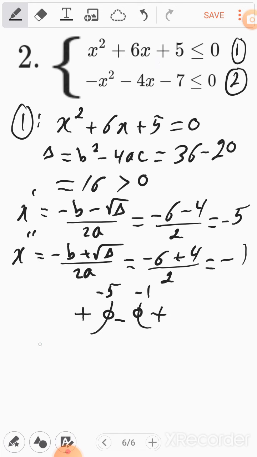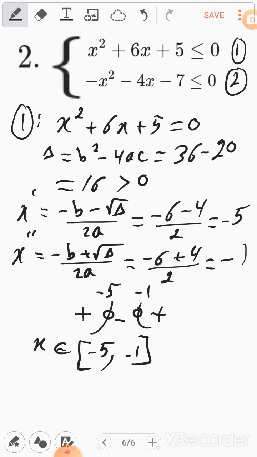So the solution is x belongs to minus 5, minus 1 closed. Why closed? Because we have or equal. Closed because less than or equal.